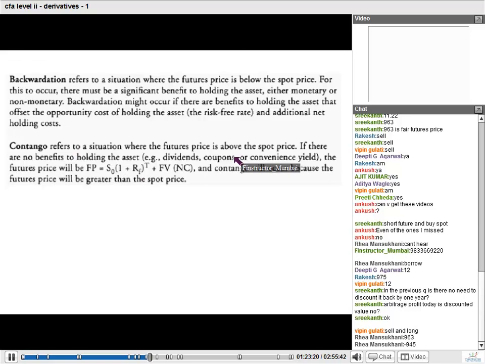And the futures price can be below the spot price if the dividend yield is very high or the convenience yield is very high. Convenience yield means the benefit from holding the asset or the commodity is very high, such that subtraction of the present value of dividend, or the e raised to power minus r star t, makes the futures price actually lower than the current spot price.